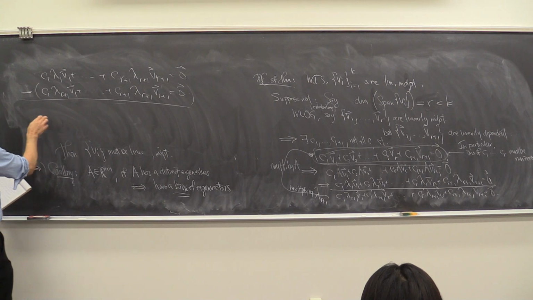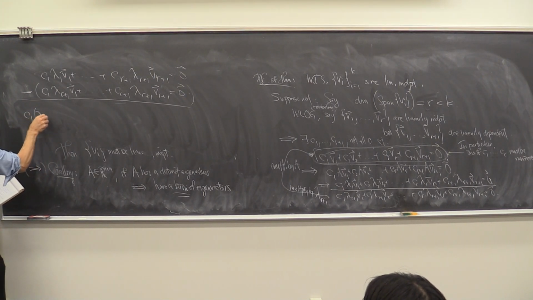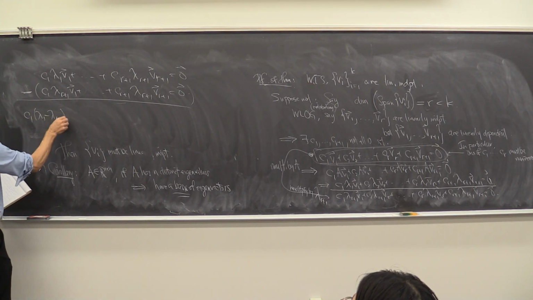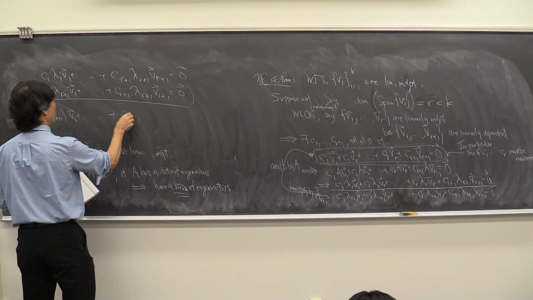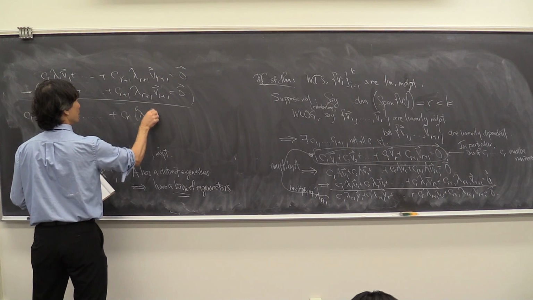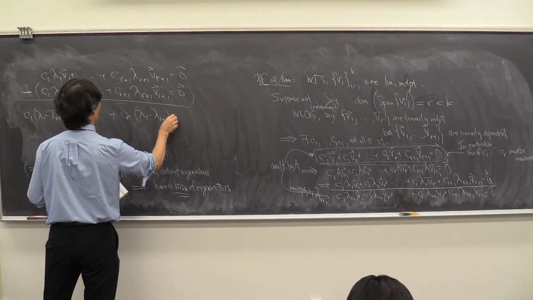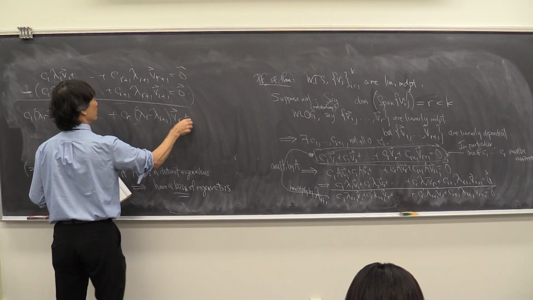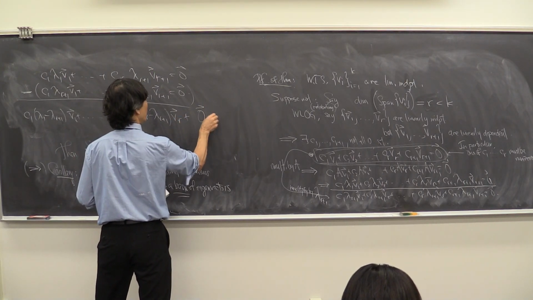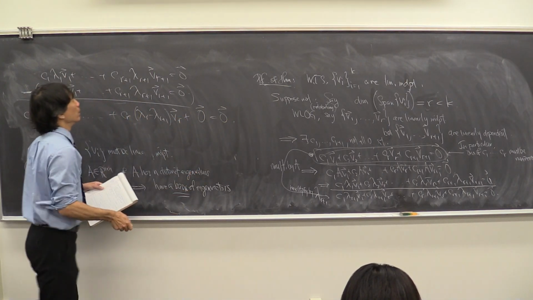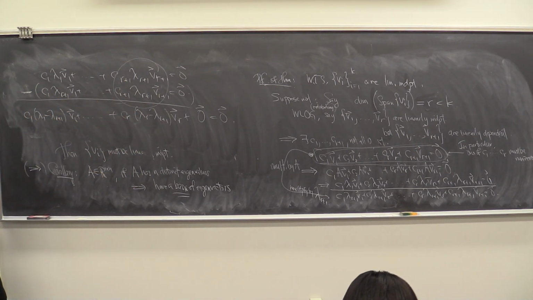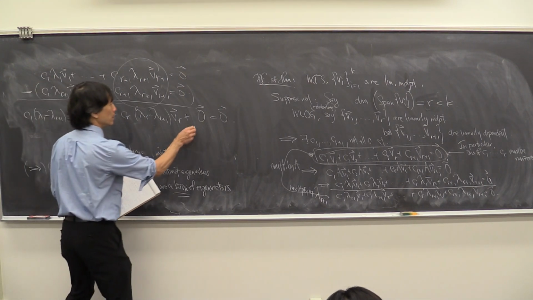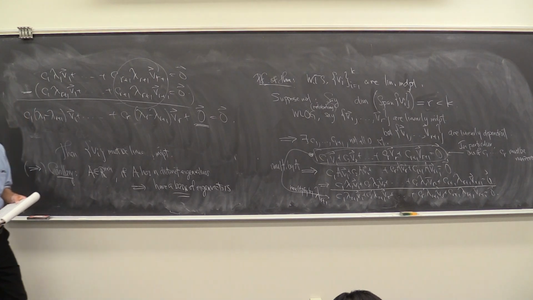What do you get? You get C1 times lambda 1 minus lambda R plus 1 times V1 plus up to CR times lambda R minus lambda R plus 1 times VR plus 0 equals 0. Right, because these last guys are identical, that's why we get that 0 at the end.